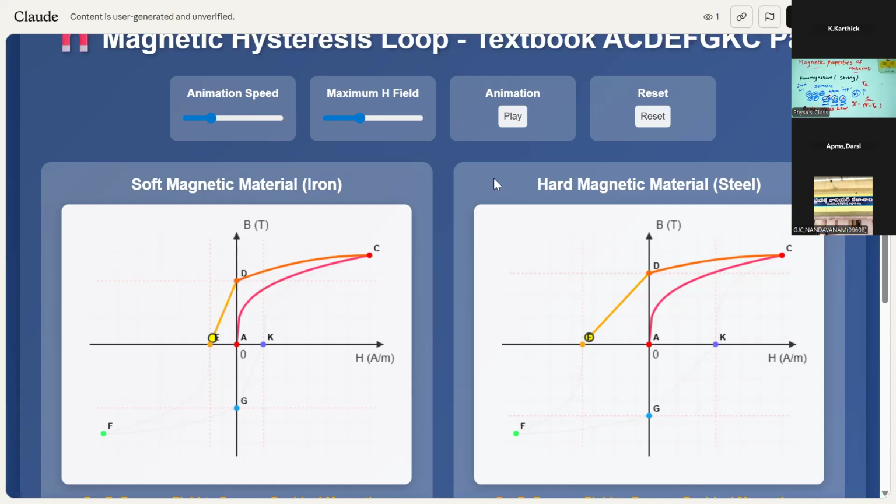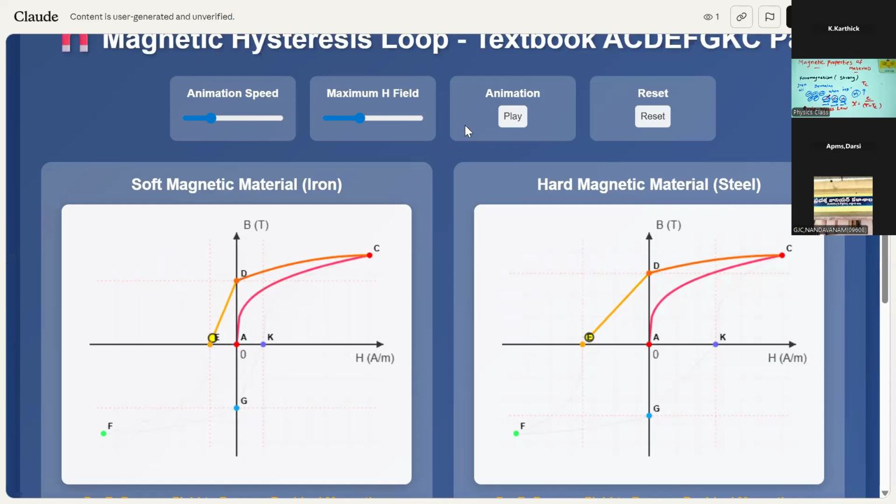The next one, coercivity. Here you can see D to E. At E, B is equal to 0, that is, the magnetic field is equal to 0. Now, to remove the remaining magnetism, we have to apply a field in the reverse direction.